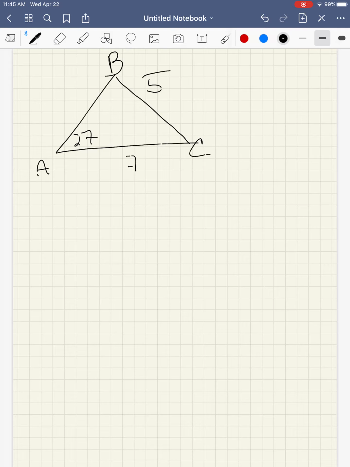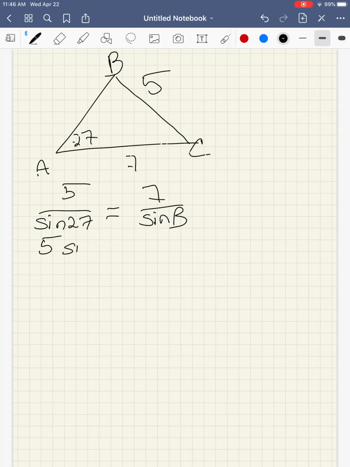Okay, so again, we have a pair, so we can use the law of sines. We don't have enough information to use law of cosines, so we're going to go ahead and use law of sines, which will be 5 over the sine of 27 is equal to 7 over the sine of B. So cross multiply, 5 sine of B is equal to 7 sine of 27.